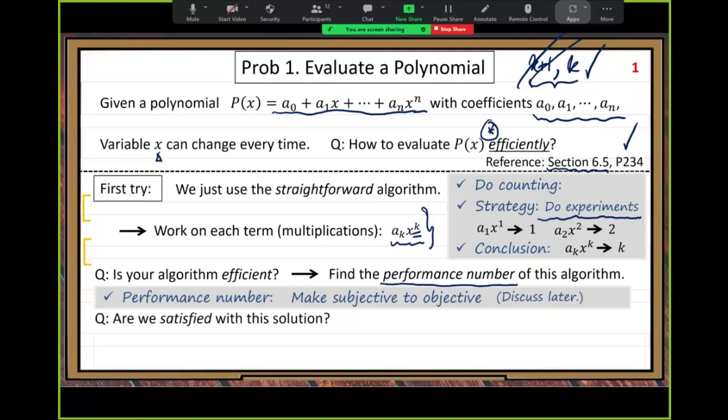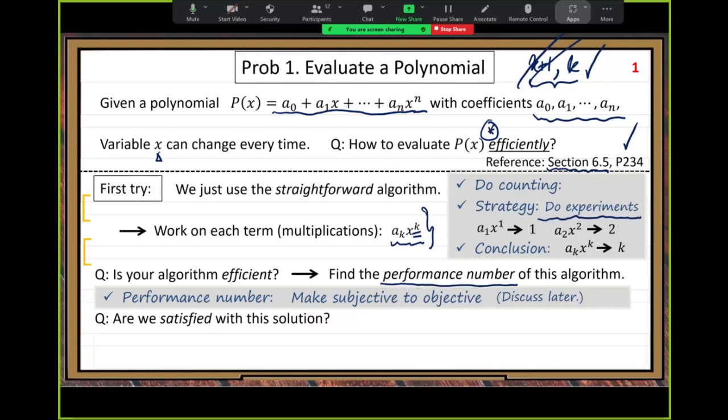Another question here: are we satisfied with the solution? At this point, from your perspective, I believe most of you only know this one way to calculate this term.